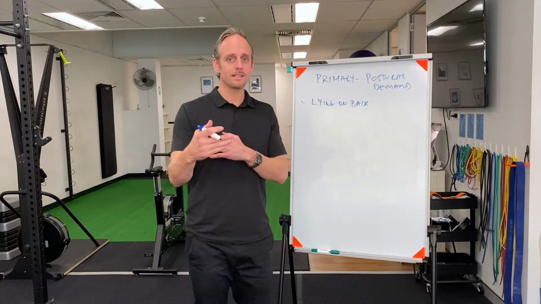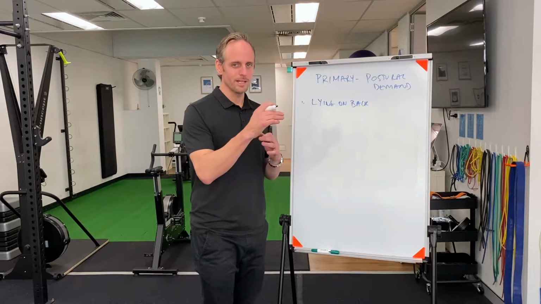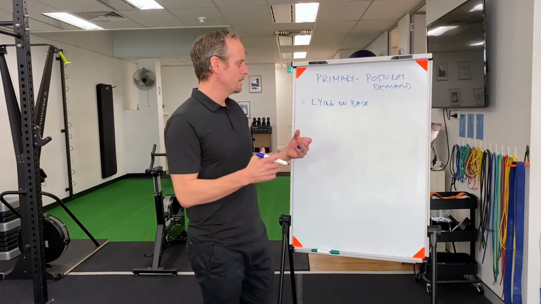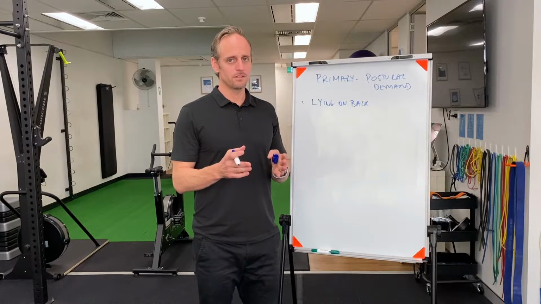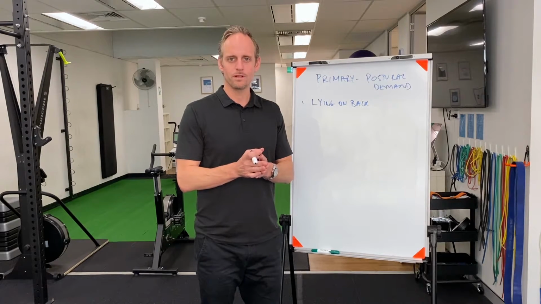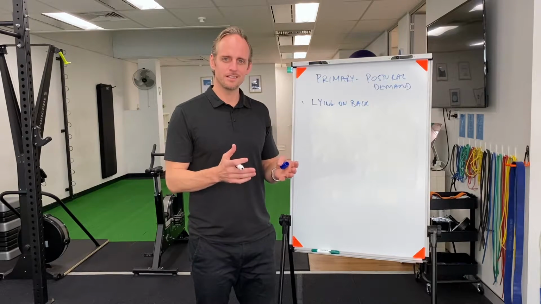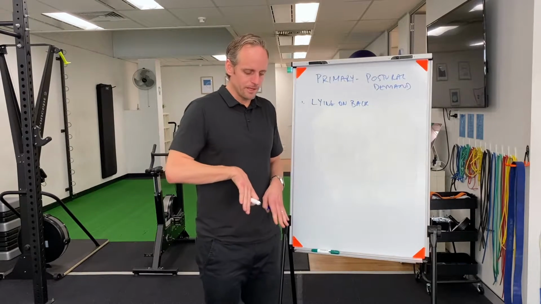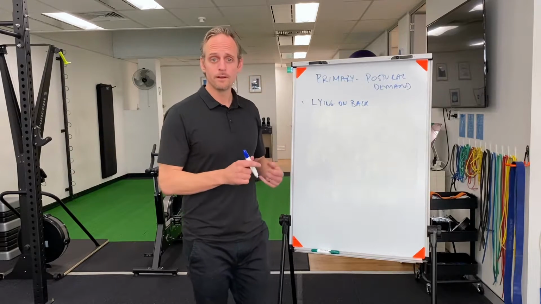So to progress that is quite simple. And you would do this intuitively to a degree, but then it gets a little bit more murky as you go down the line. So the first step, you go, well, how do you make the postural demand harder? Well, the simplest thing to do is to narrow the base of support. By taking 1 foot off the floor, you're increasing the postural demand. You're increasing the stability requirement of them stabilizing their pelvis from losing lumbar pelvic control when they bridge up, right?